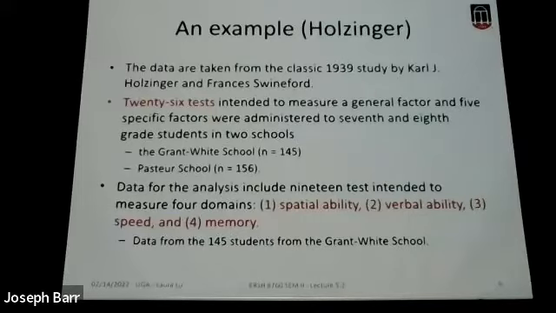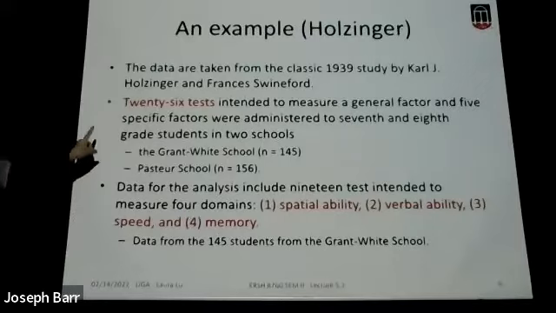We can just call it the Holzinger, the last name of the people. How to pronounce it? Holzinger, maybe. Okay, it's a very old, traditional dataset, so a lot of people use it for data analysis.